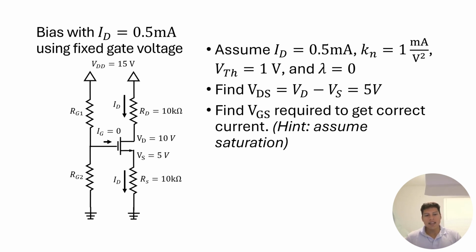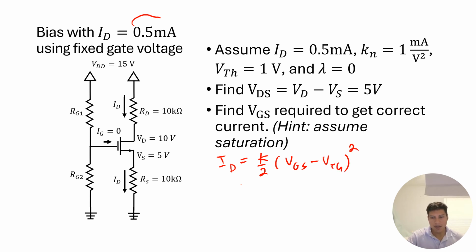Now, what is the VGS that we need to be in saturation or to get this current? Well, we need ID to be equal to K over 2 times VGS minus V threshold squared. So we need that to be 0.5. We got our K, which is equal to 1, and our threshold, which is equal to 1.